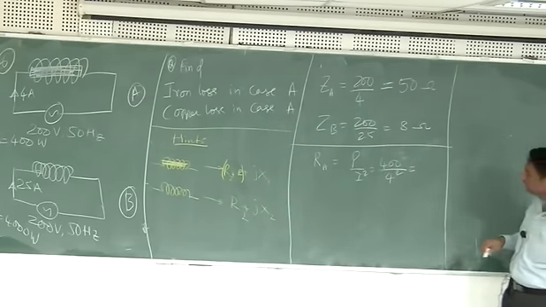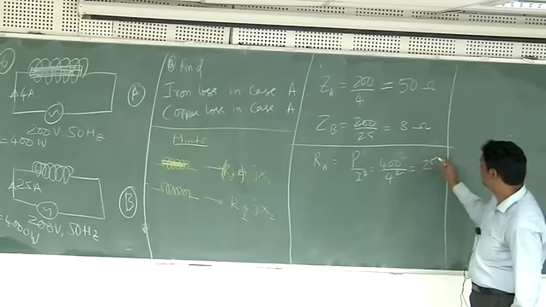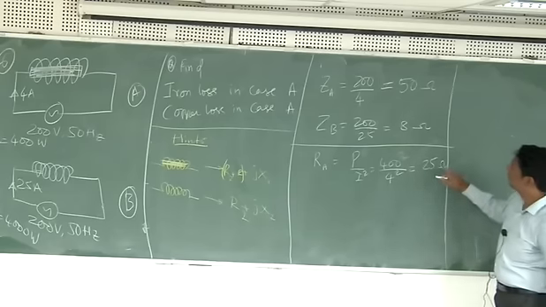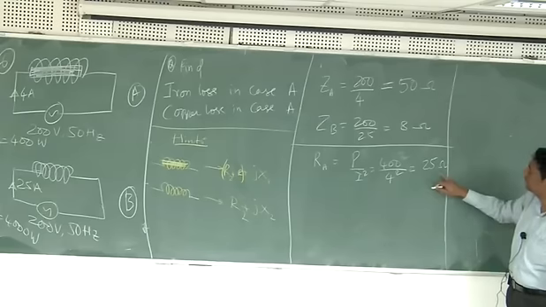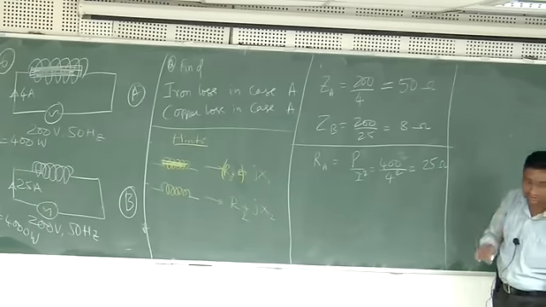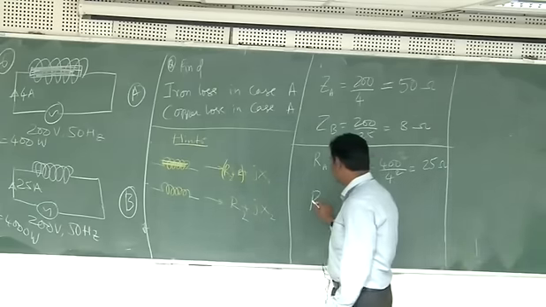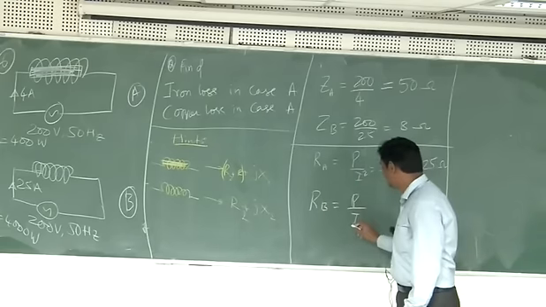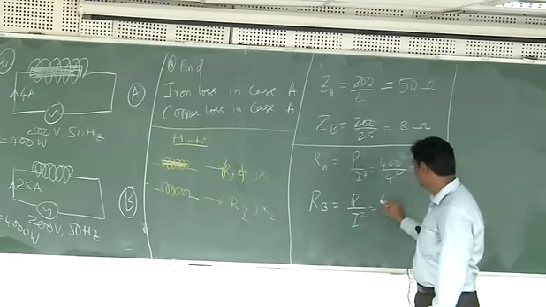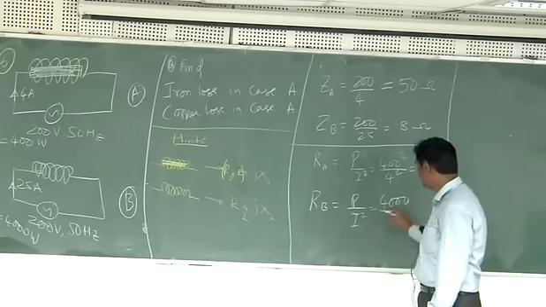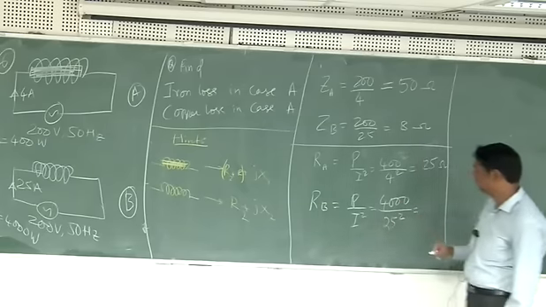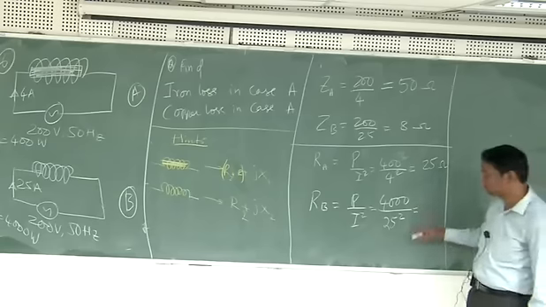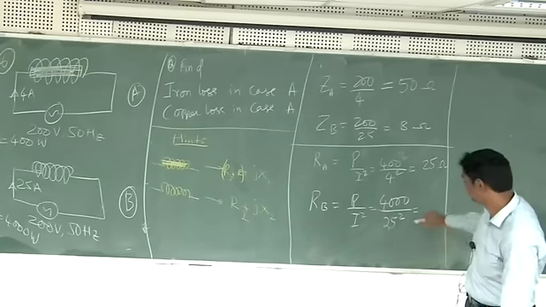How much is that? 25 ohms. So this is 50 ohms and this is 25 ohms, so I can find the X in that case. What is R in the case of B? P by I square again. This time P is 4000 and I is 25 square. So how much is this? 4000 by 25 square.